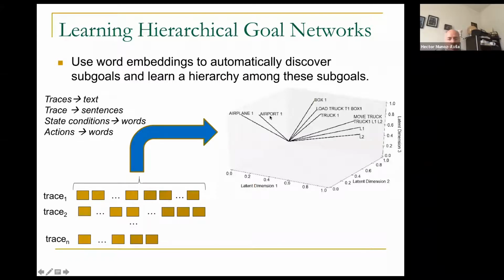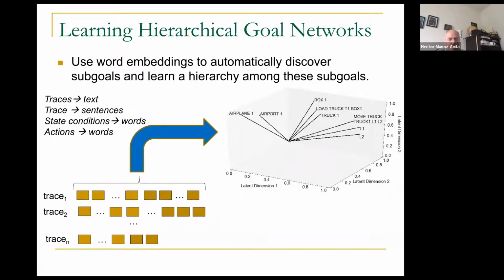And it will learn a vector representation. This is showing three dimensions, but in fact this is a multi-dimensional vector. I'm just showing three vector dimensions for illustration purposes. But it would be a vector representation for each of these planning elements.